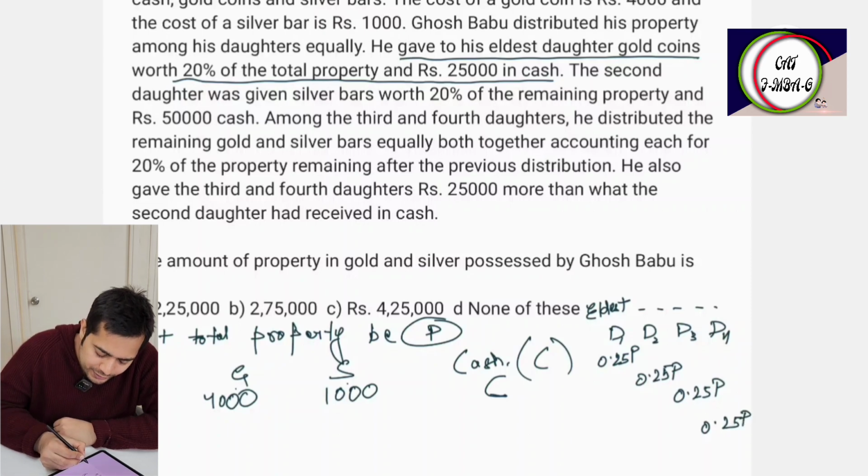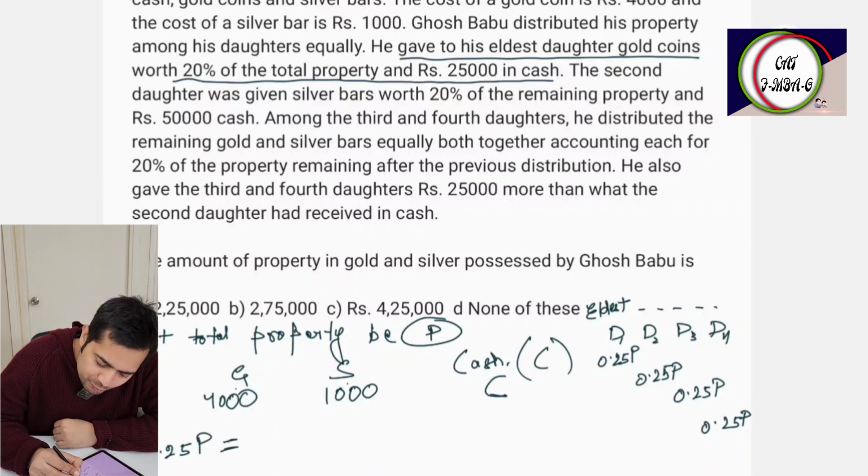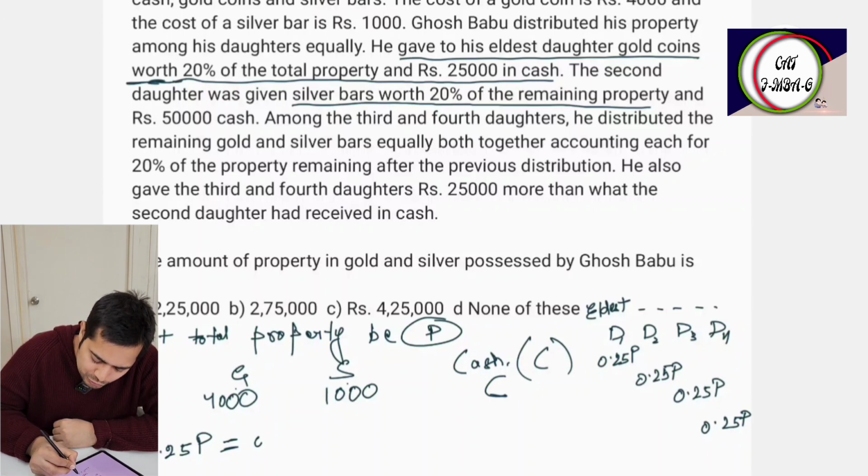So the eldest daughter gets 0.25P property, equal to gold worth 20% of the total property, so 0.2P in terms of gold, and 25% of the cash, 25,000.